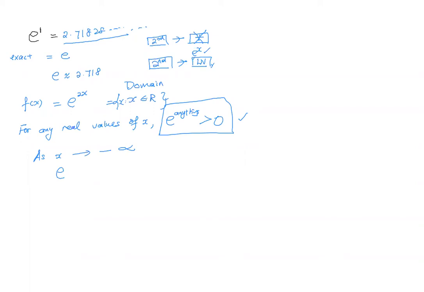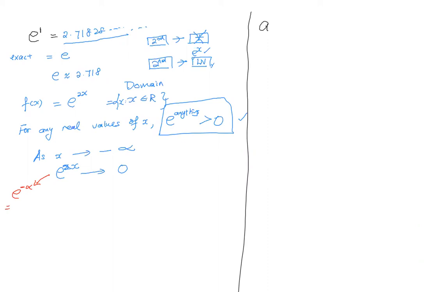e to the power of x, or 2x or 3x or whatsoever, will approach 0. So why? You have to tell yourself why. E to the power of negative infinity, according to the indices rule, is 1 over e to the infinity.